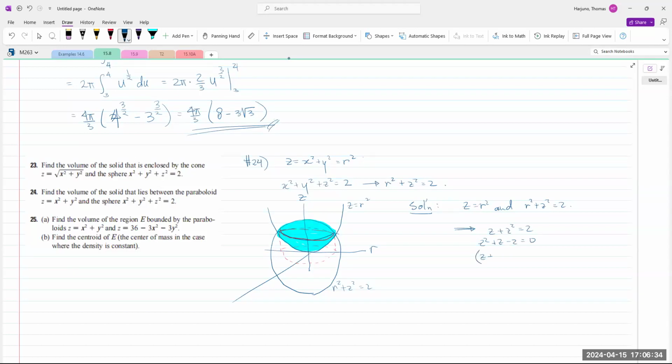So (z plus 2)(z minus 1) equals 0. z equals negative 2, which is nonsense, right? The z is clearly positive here. And z equals 1. They meet at z equals 1, and when z equals 1, r squared equals 1, so r equals 1.